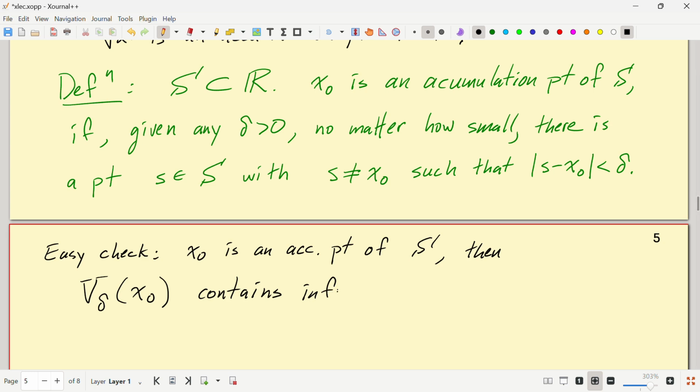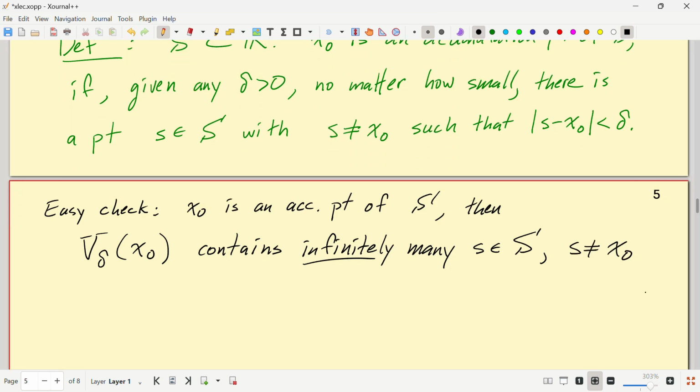There are infinitely many s in S with s unequal to x naught, no matter how small the delta is, for any delta.